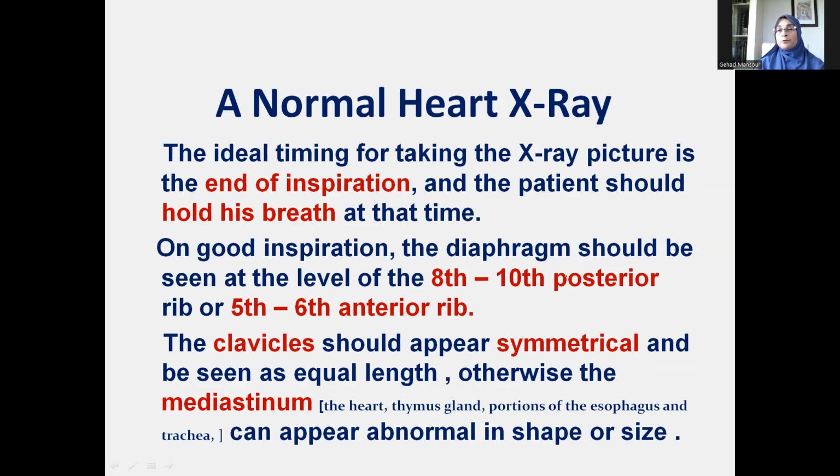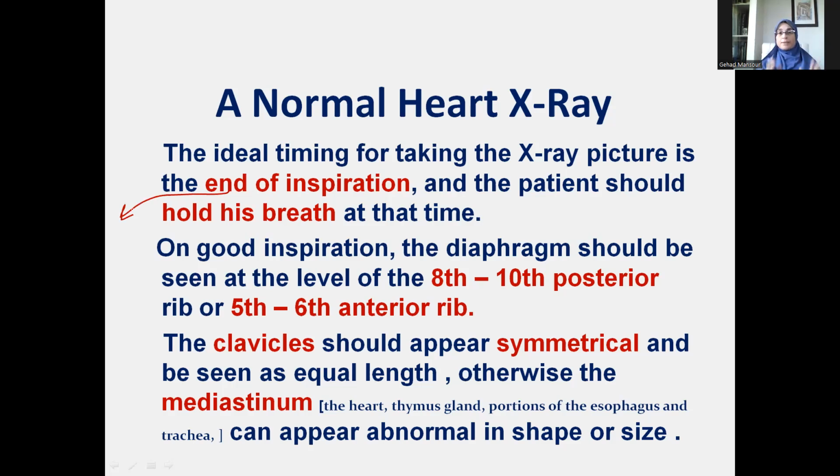It is also important to know whether the X-ray picture has been taken in the proper breathing phase, meaning that it has to be taken at the end of inspiration.